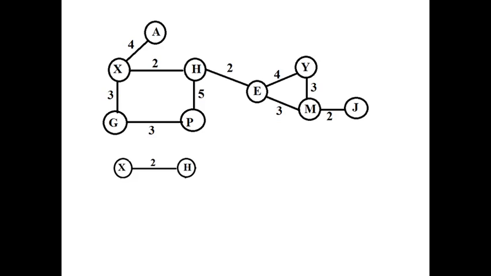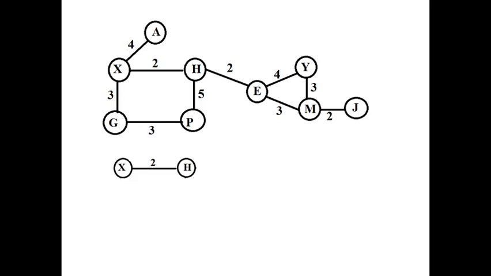Now, to understand the difference between the steps: what you have to do in the case of Kruskal's is straight away choose the edge with the lowest value. I have many edges having weight of 2, but going by the order, X to H is the first edge which has the weight of 2.